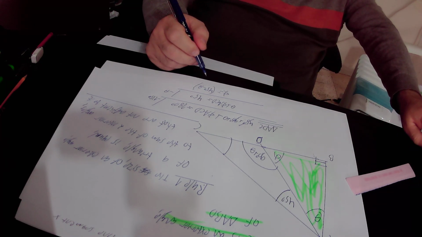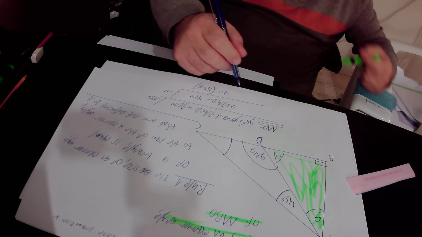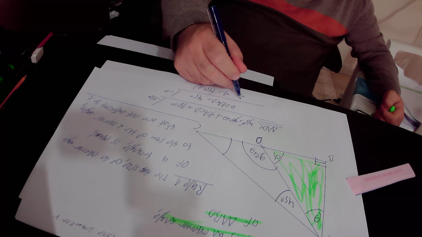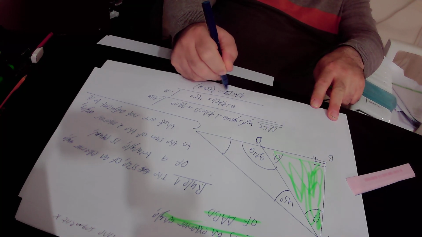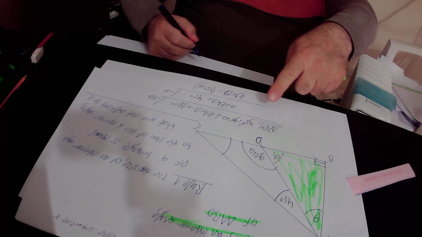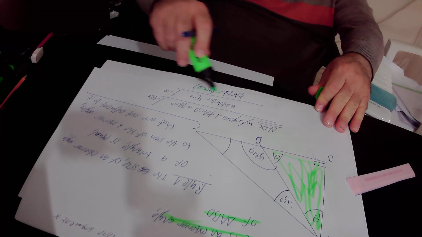Okay, we found out that the missing angle ACD equals 45 degrees minus theta.